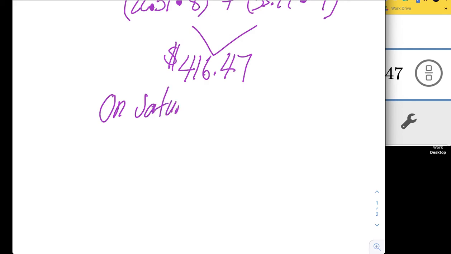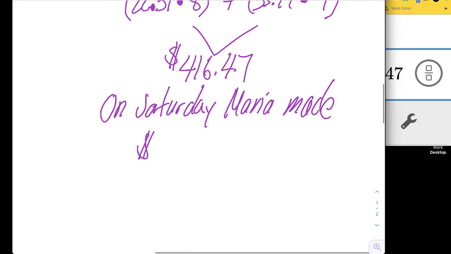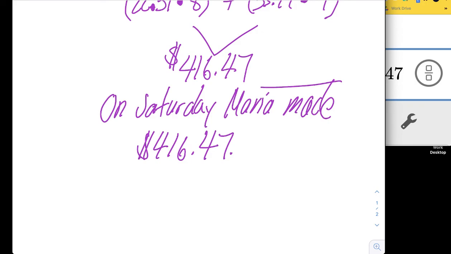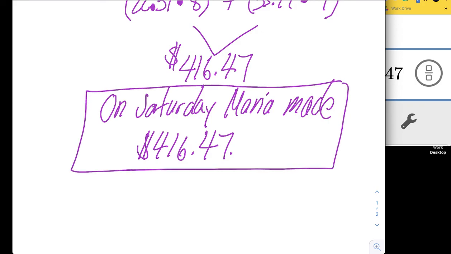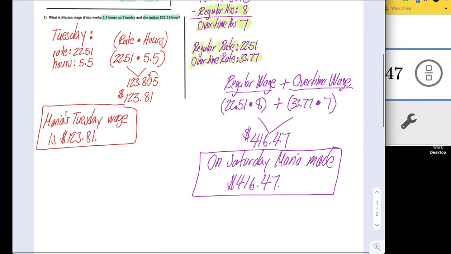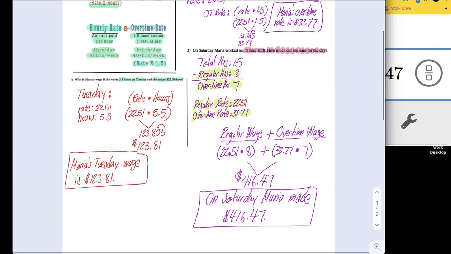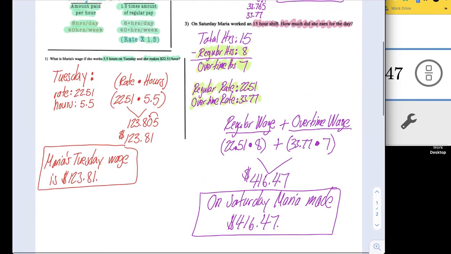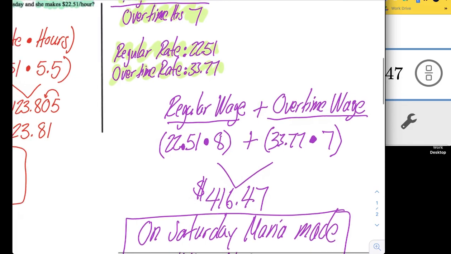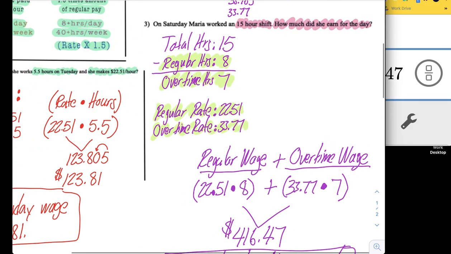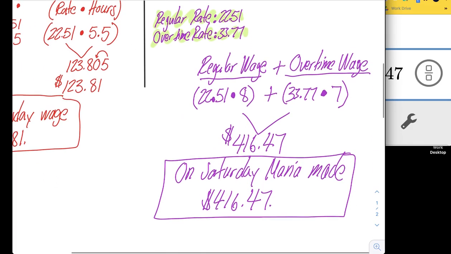On Saturday, Maria made $416.47. Look at that. That was regular pay plus overtime pay, because she worked more than 8 hours. She worked 15 hours.